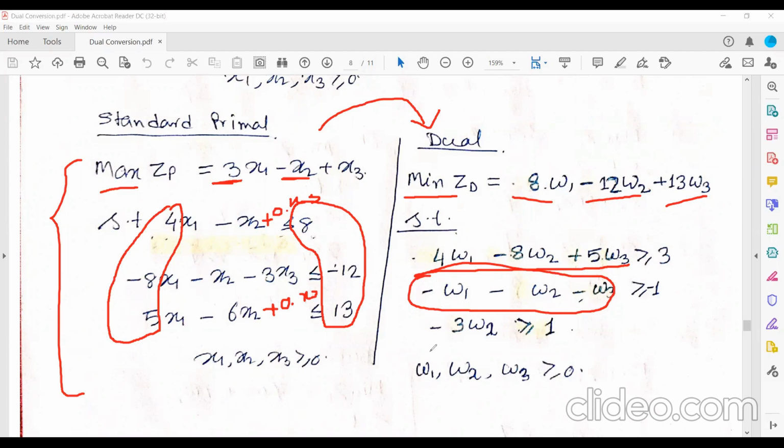That means only minus 3W2 will come. And it becomes greater than or equal to the coefficient of x3, that is 1. So W1, W2, W3 are greater than or equal to 0. So this is the dual of this standard primal.